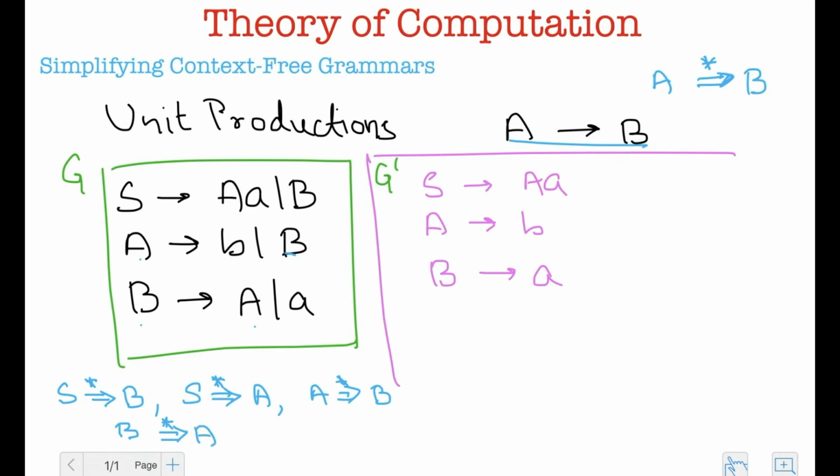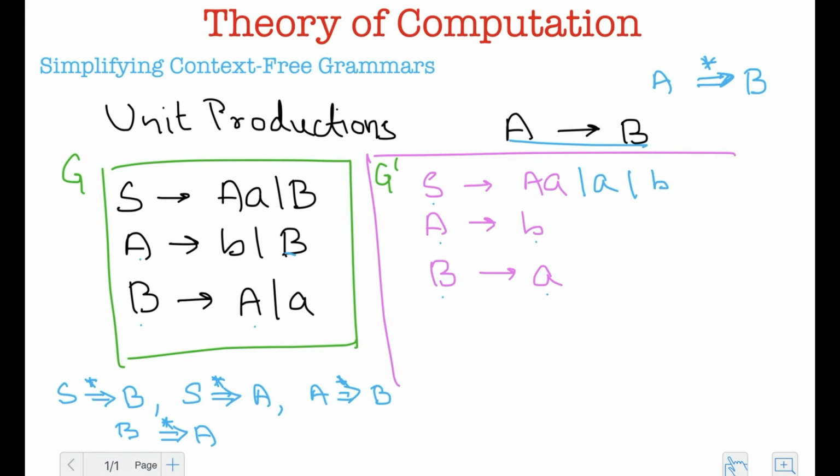And what I do now is I just see from G prime. Because S yields B, whatever rule I have in B, I just add that to S as well. So I add small a here because S yields B and B yields A. So I just add small a to my S production. Next, because S yields A and A yields small b, I just add small b here.